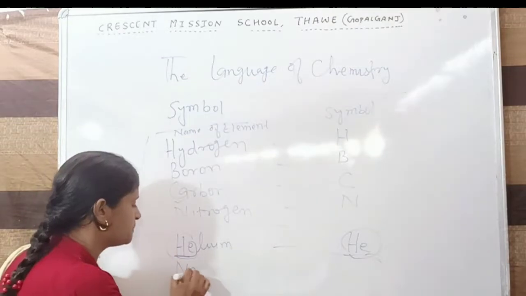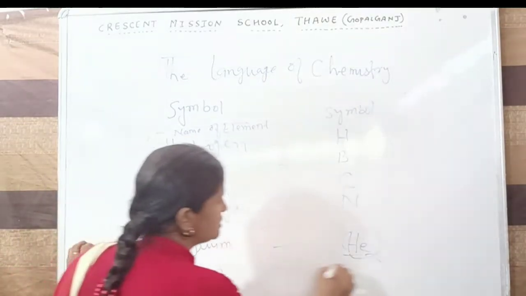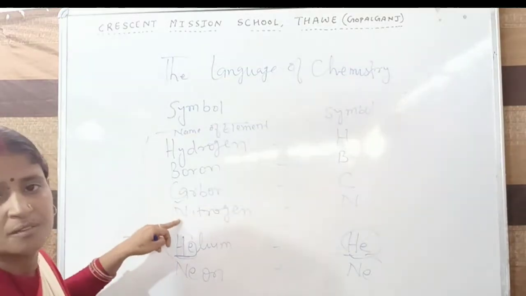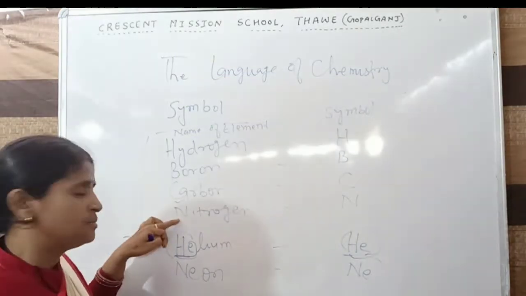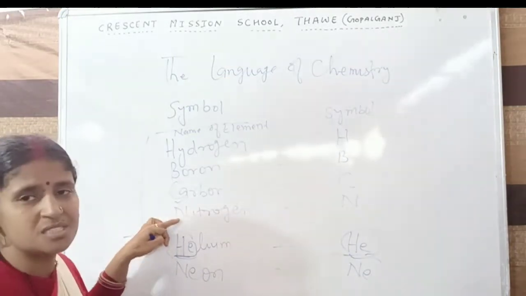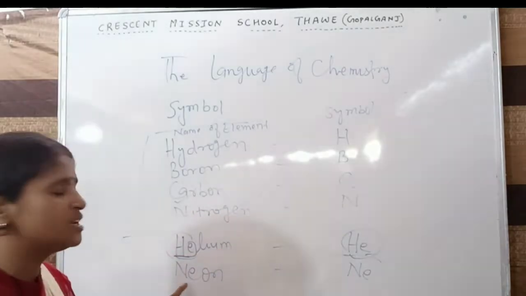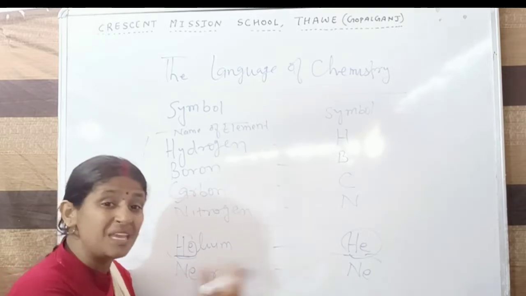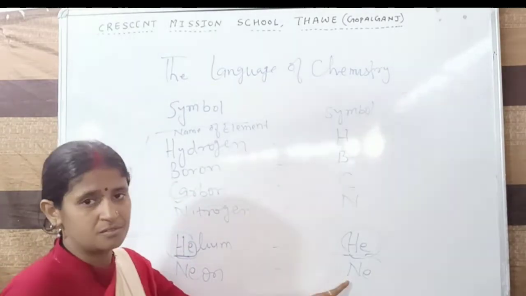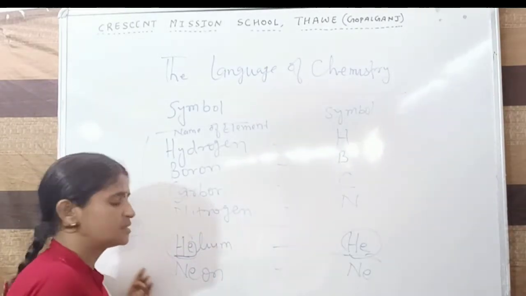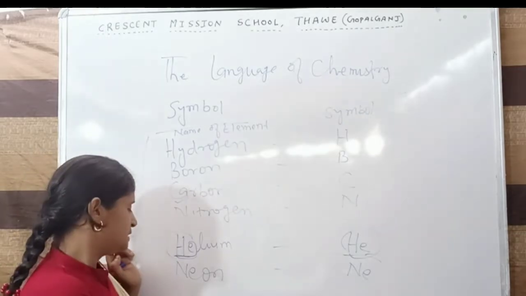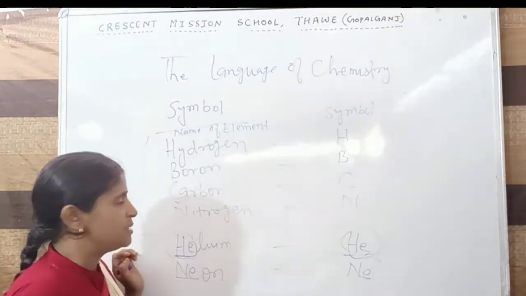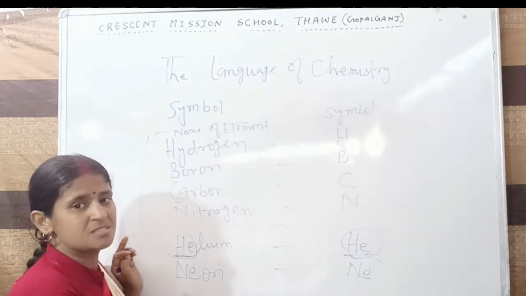Second, neon, and its symbol is Ne. We have just read before that the nitrogen symbol is N, and neon also starts with N. So both element symbols may be N, but scientists have proved that Ne is the symbol for neon, because no two elements have the same symbol.